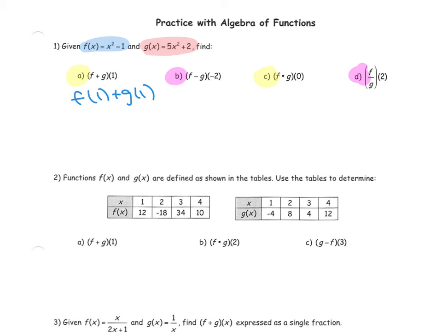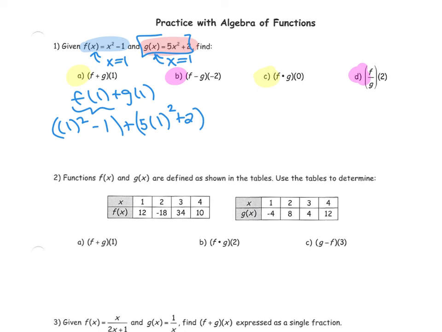I'm going to input x equaling 1. I have f of 1, which is 1 squared minus 1, plus, I'll put the whole thing in parentheses, 5 times 1 squared plus 2. That information came from the functions that were given.